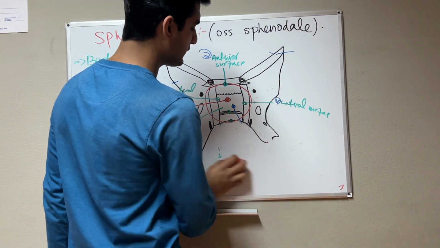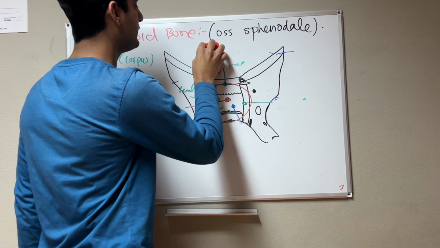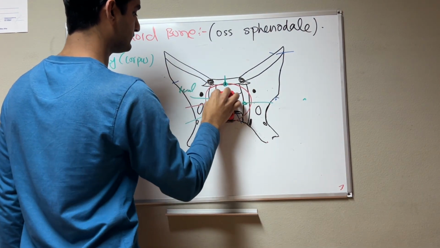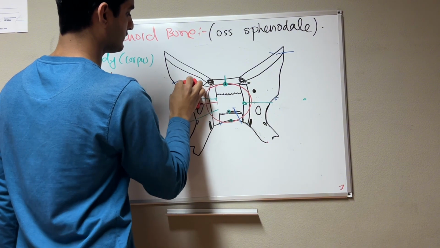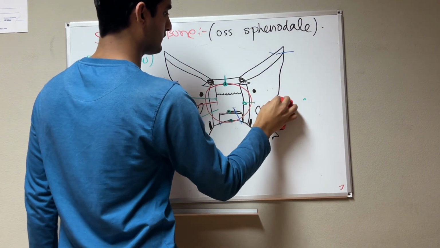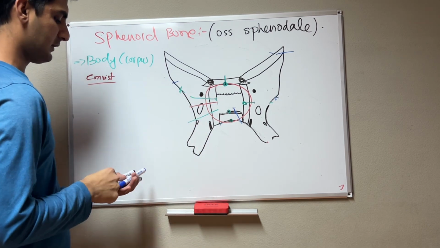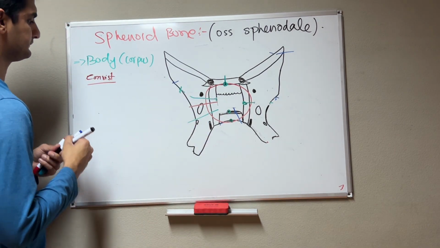Where the superior, where the inferior, where the lateral. Now first, the superior surface, we are going to discuss.